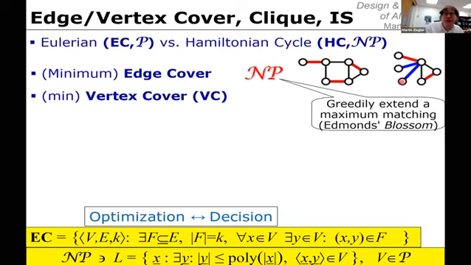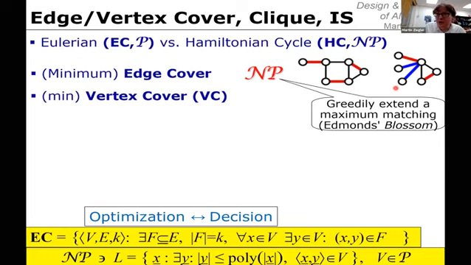In the other example in this graph, the Edmonds algorithm might come up with a maximum matching consisting of the 2 red edges, and then we greedily extend the matching provided by Edmonds algorithm, so as to cover also the remaining vertices. In this case, the remaining vertices are the ones that are covered by these 2 blue edges.